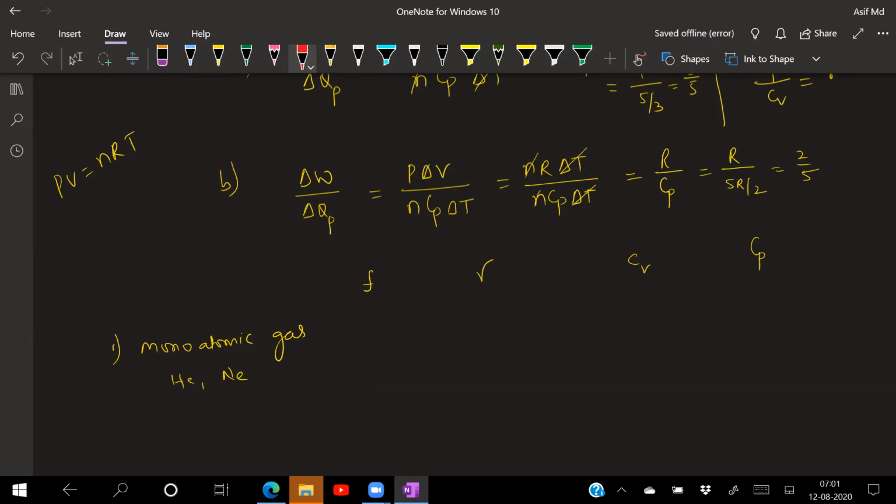So now tell me, the gamma value will be equal to 1 plus 2 by f. And Cv value is R by gamma minus 1.